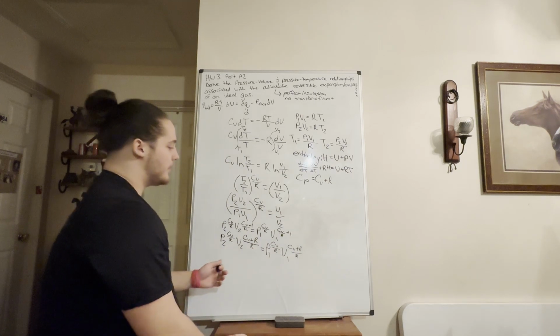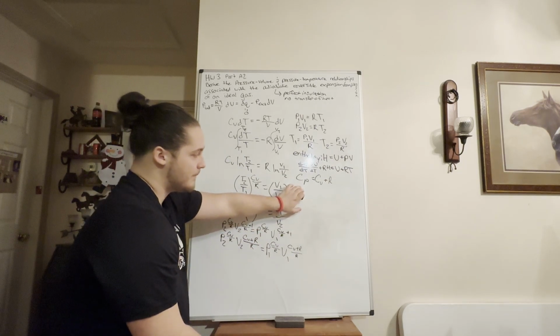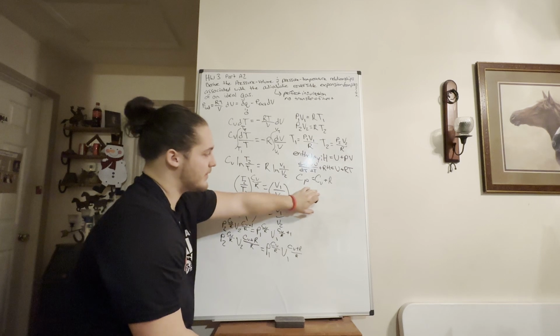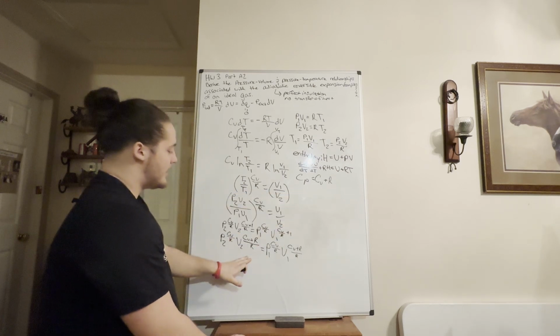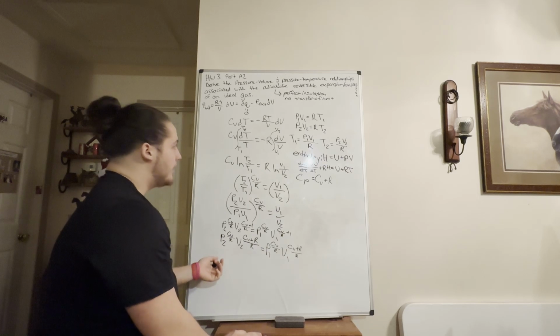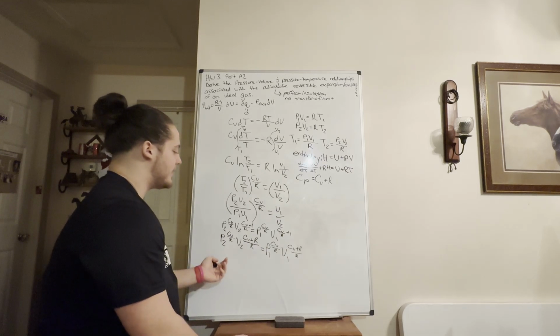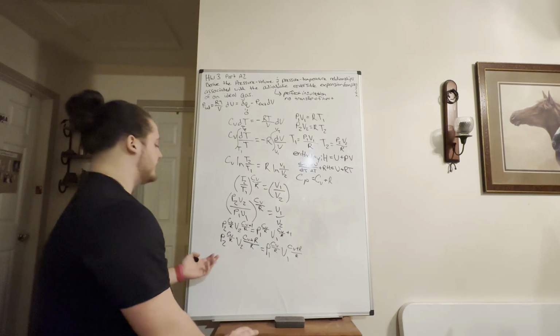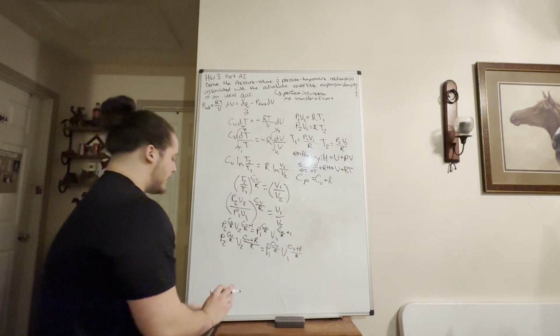So now we are going to use this as a substitution into here to try to derive this further for our pressure and temperature and our pressure and volume relationships.